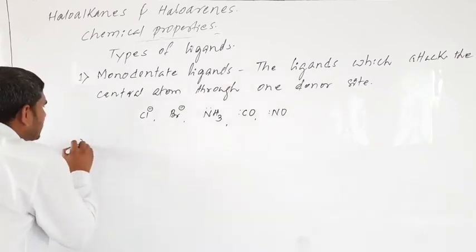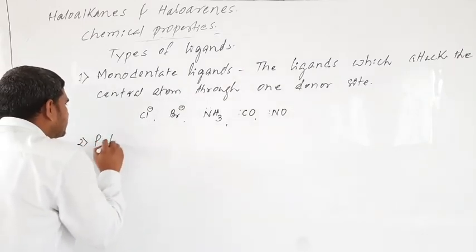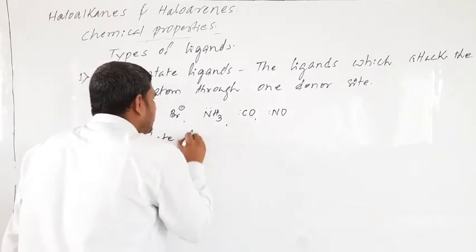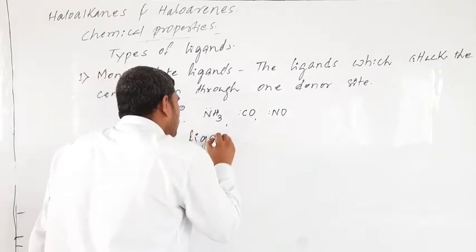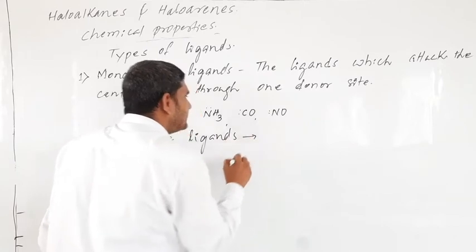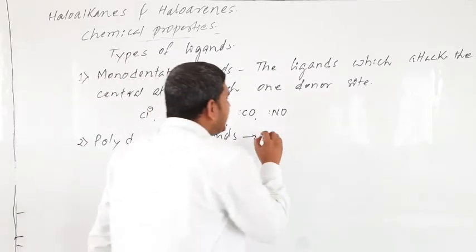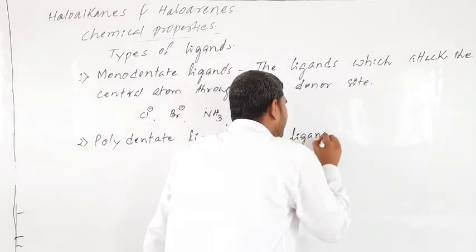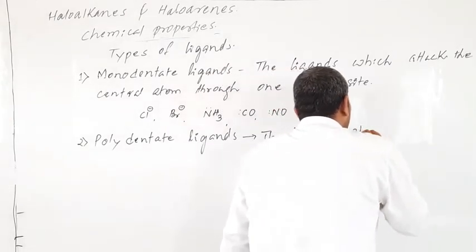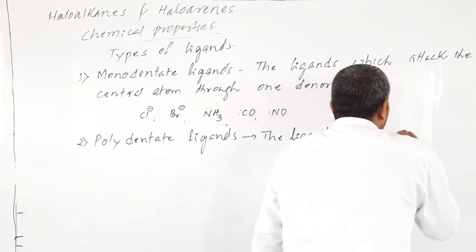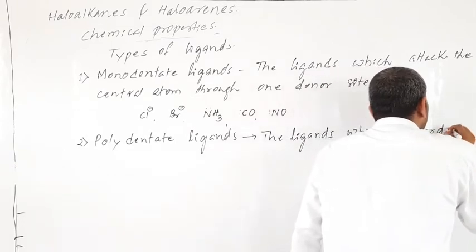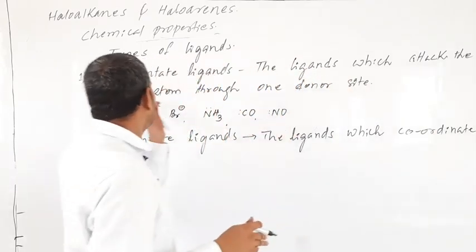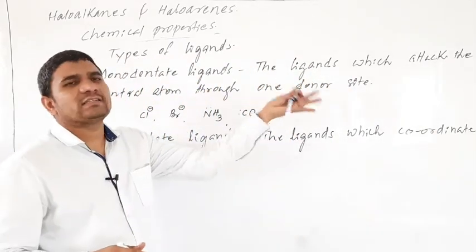Second type is polydentate ligands. What are polydentate ligands? The ligands which attack through more than one donor site.